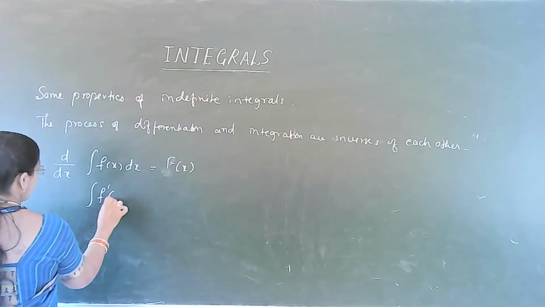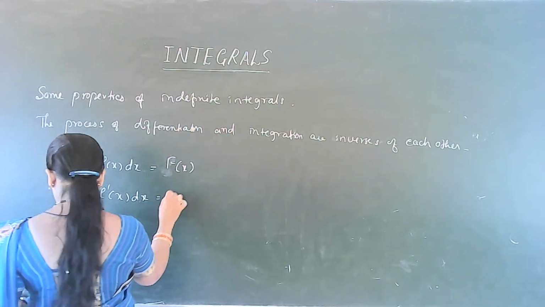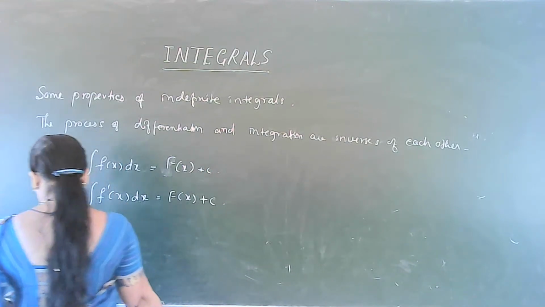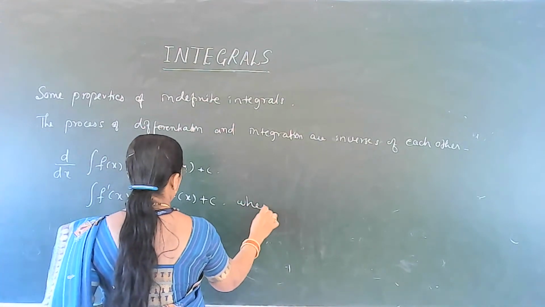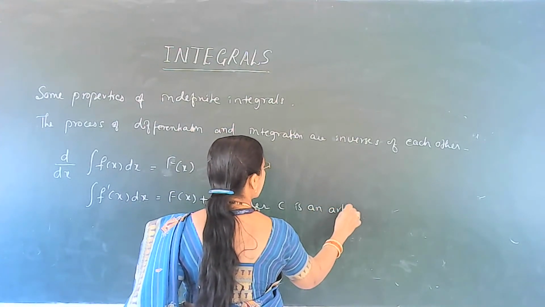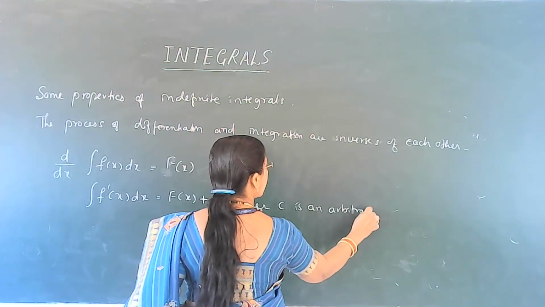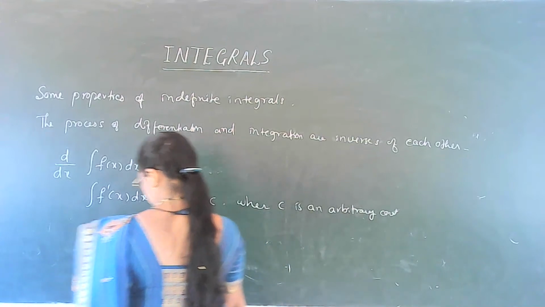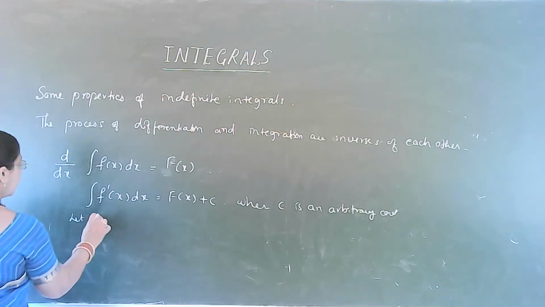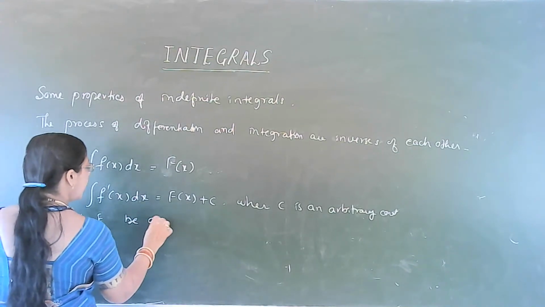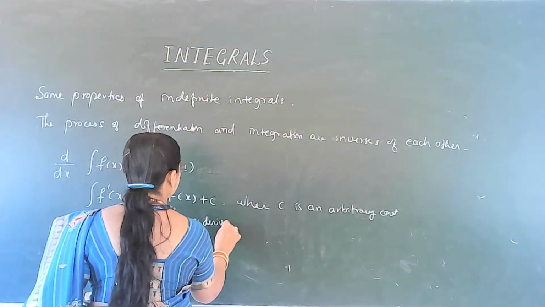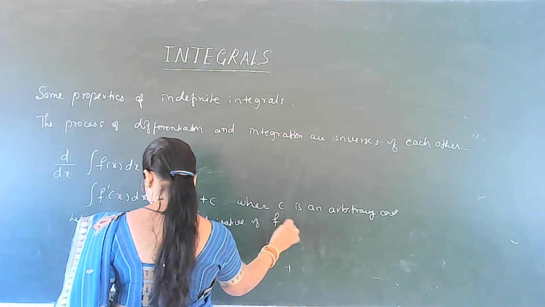Then integration of f dash x dx is equal to f of x plus c, where c is an arbitrary constant. So let F be any antiderivative of f.